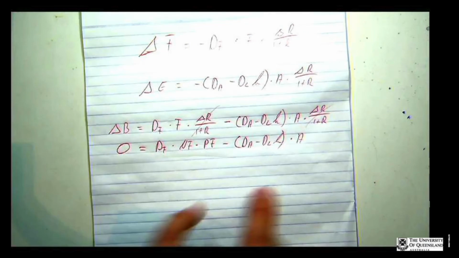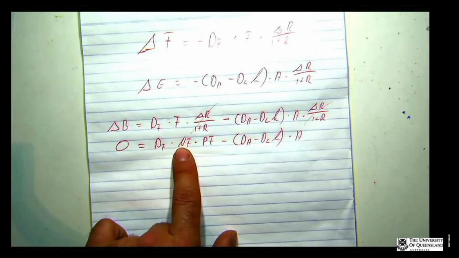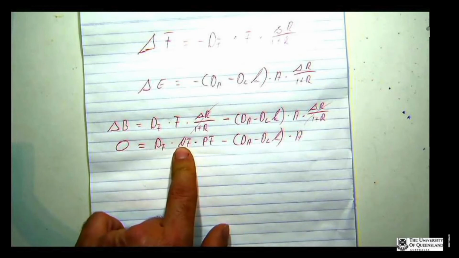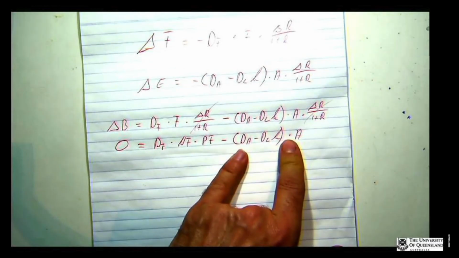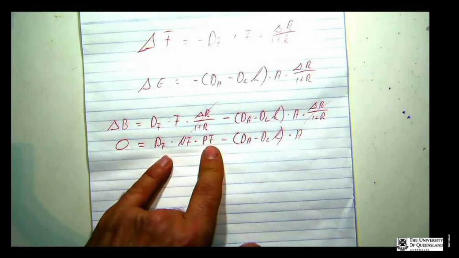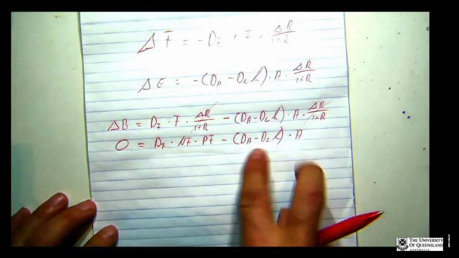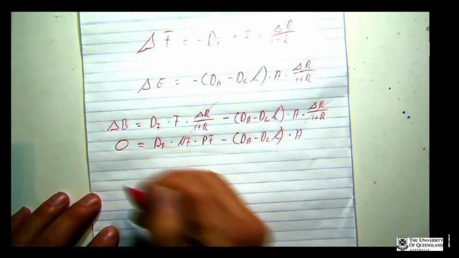And what they've done now basically is we want to have NF on one side. We want to know how many future contracts we have to buy. So they bring this one over to the other side and then divide it by dF and PF. You can see it. So I bring this to the other side.